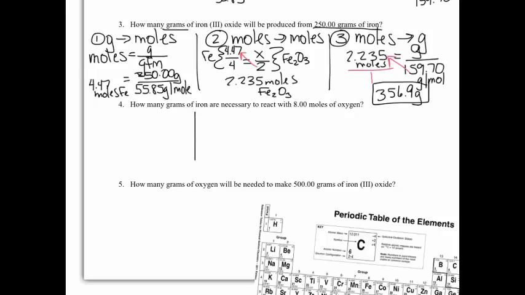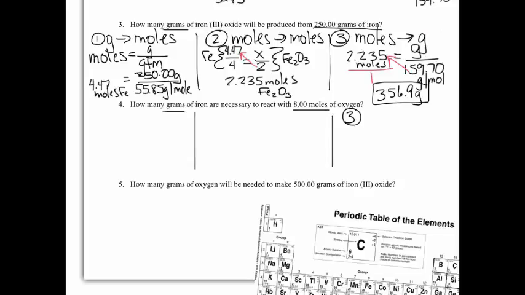What I would do for each of these questions is go ahead and separate it out into 3 and then look at what your question is asking you. It is asking for grams. I am going to need step 3 in order to get to grams of anything. But in this question, they gave us moles.